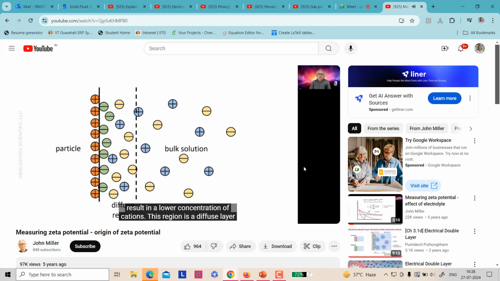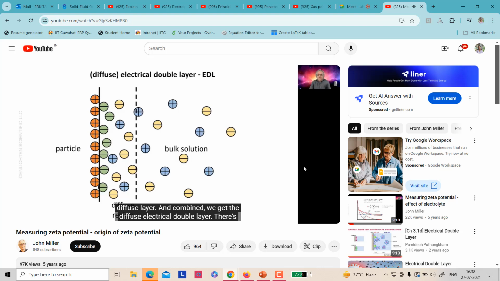This region is a diffuse layer of ions, balancing the charge on the particle. So we have a rigid layer associated with the particle surface and tightly bound material, and then a diffuse layer. Combined, we get the diffuse electrical double layer.